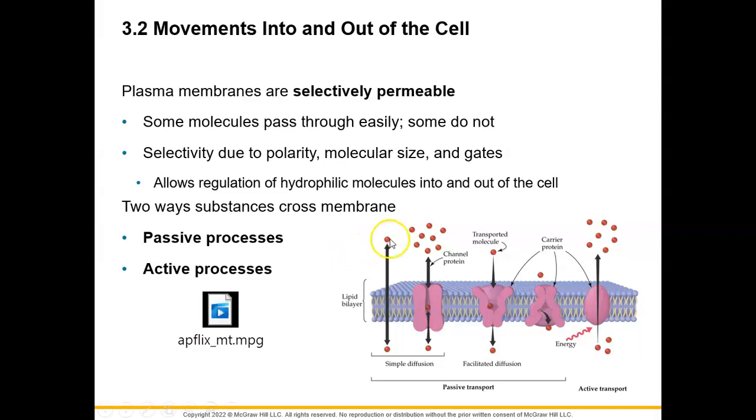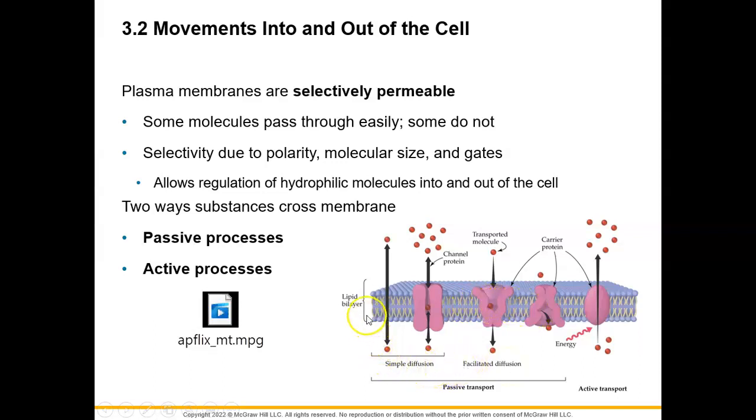Simple diffusion is how molecules move through the membrane in between the phospholipids to enter the cell. We can also have diffusion through the membrane if the substance is able to fit through a protein embedded in the membrane. We call these channel proteins. Proteins that move to permit a substance through the membrane, that's known as facilitated diffusion, and it requires a carrier.